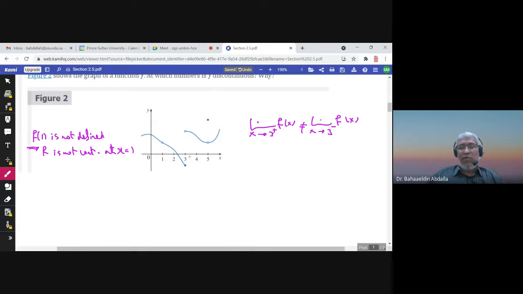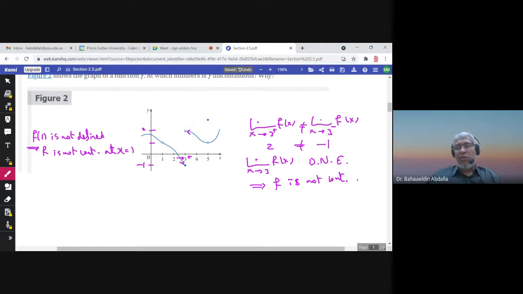When x approaches 3 from the right, the function approaches this number, which is, you can say, 2, for example. While if x approaches 3 from the left, the function approaches this number, which is, you can say, -1. So 2 is not equal to -1. So the limit of f of x when x approaches 3 does not exist. Hence, f is not continuous at x equals 3.